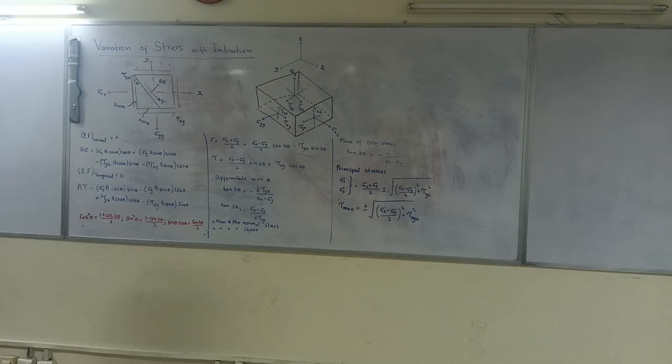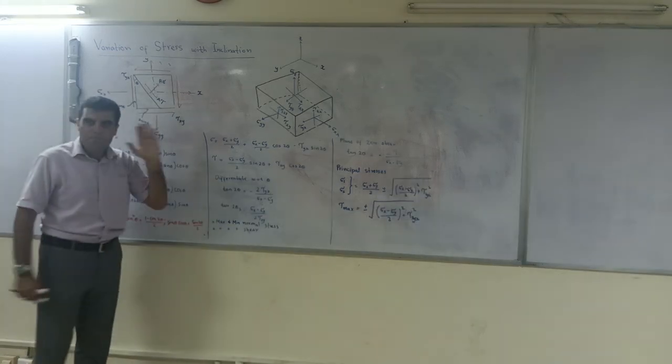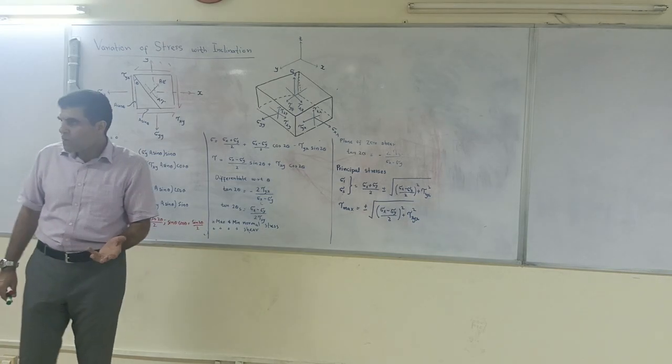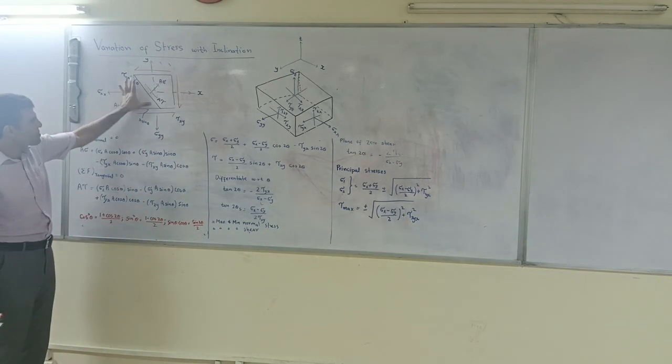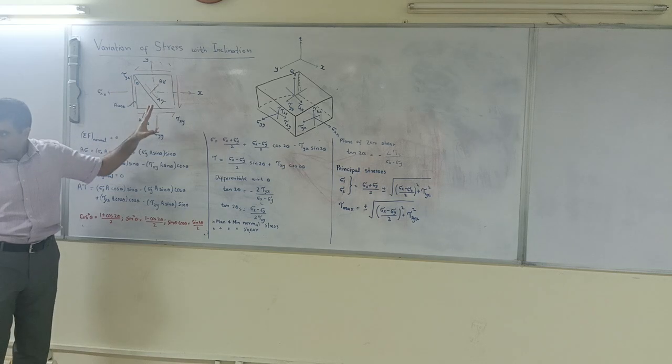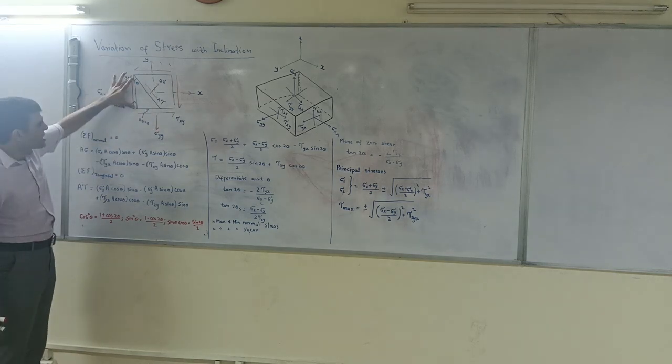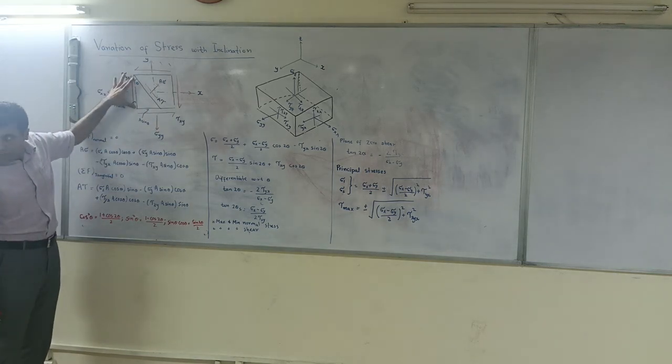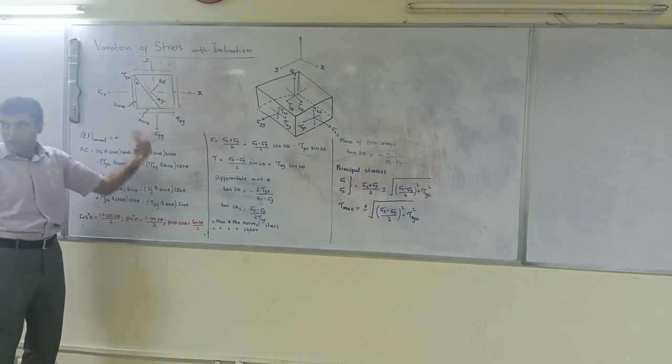In order to convert stress into force, we multiply the stress with area. Assuming this plane area is A, this one would be A cos theta and this one would be A sin theta.